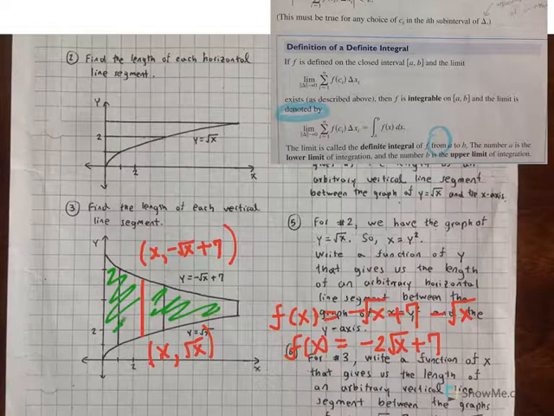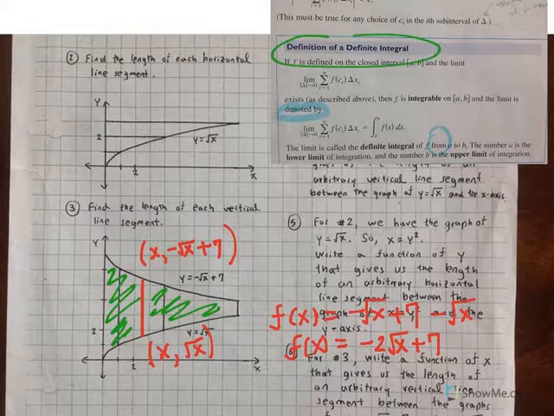So the best thing that we can do with geometry is to come up with an approximate area for the region, but we can make the approximation better by using more rectangles, and then we can take that idea to the extreme by taking the limit of the Riemann sum that gives us the sum of the areas of the rectangles as the number of rectangles approaches infinity, and that limit, by definition, gives us a definite integral, which will give us the exact area of the region.